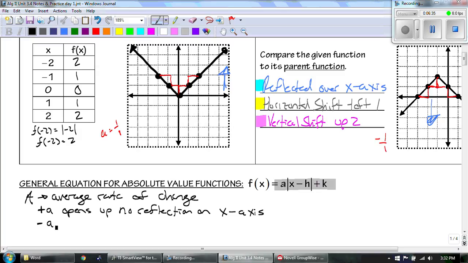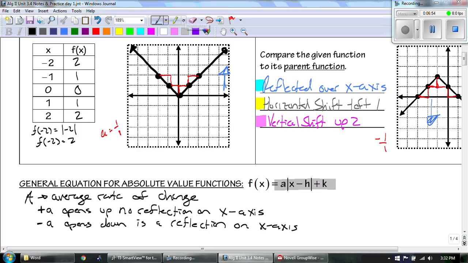If we have a negative a, that means it opens down and that there is a reflection on the x-axis.